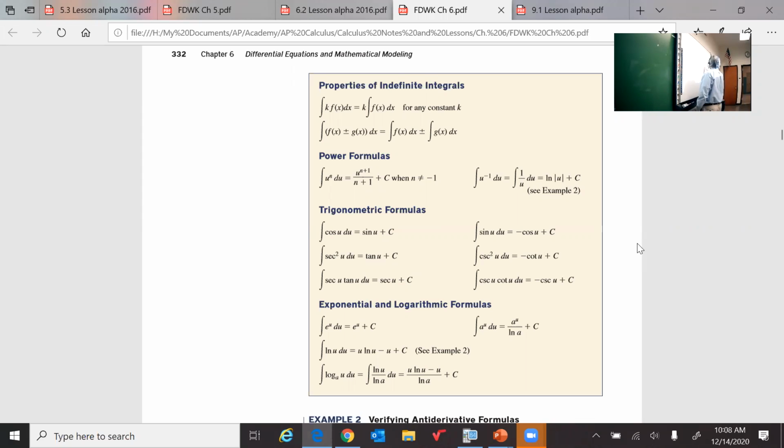So when it's -1, you have to go over here, which we did before, but we will connect that to it. Here are the trig formulas. This is the work that you're going to have to be able to do. Like we go back to the section in chapter 3 about derivatives and logarithms, derivatives and exponentials, and undoing that. This is where this gets later.